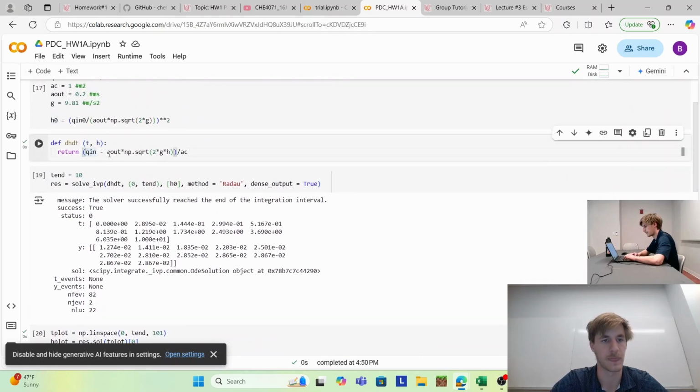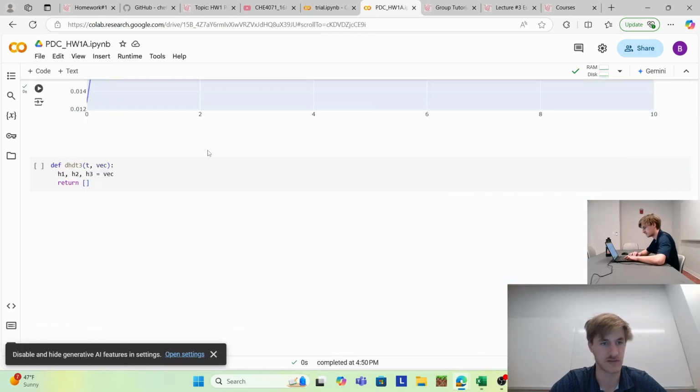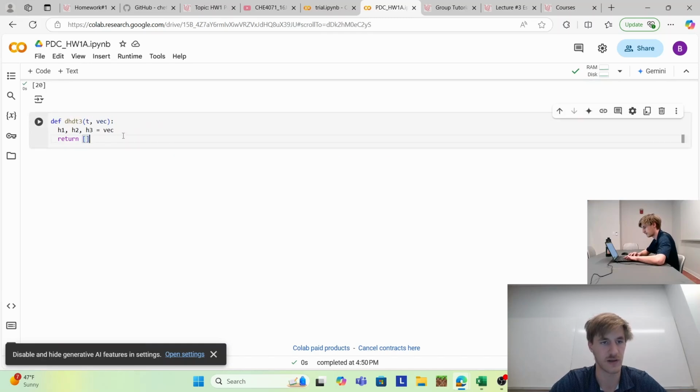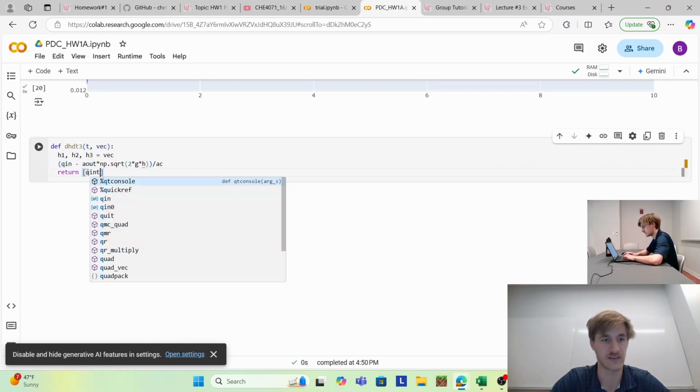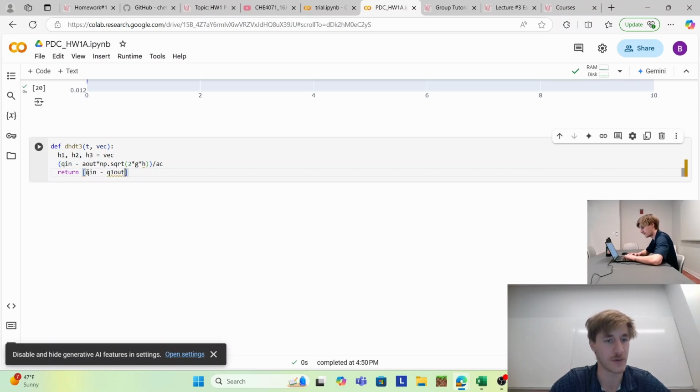So I'm going to steal this equation here real quick. When I return these, I'm just going to do Q in minus Q1 out, and we'll of course divide those by the cross-sectional area.